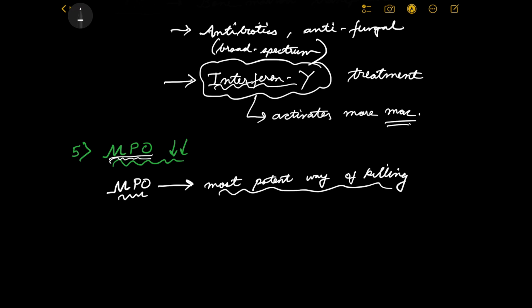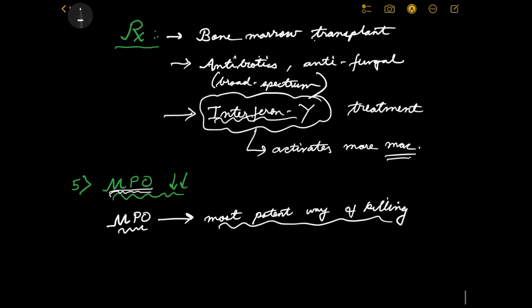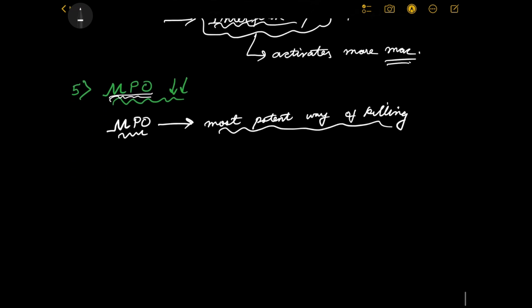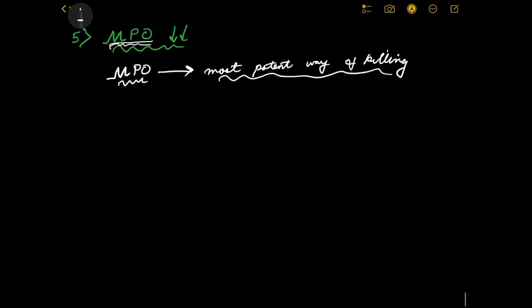So this is more or less all about the genetic disorders in leukocyte function. The acquired leukocyte function disorders are beyond the scope of discussion as far as only inflammation is concerned, because acquired leukocyte disorders are more related to neoplasia and leukemia.